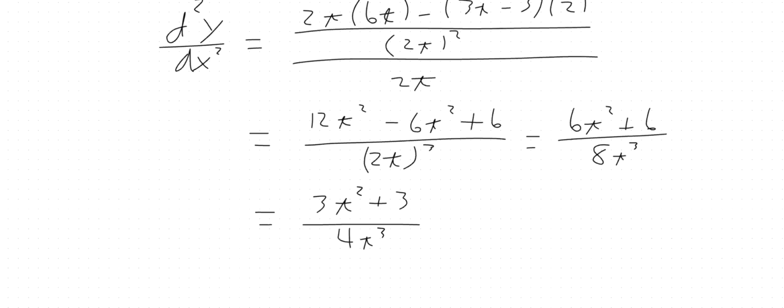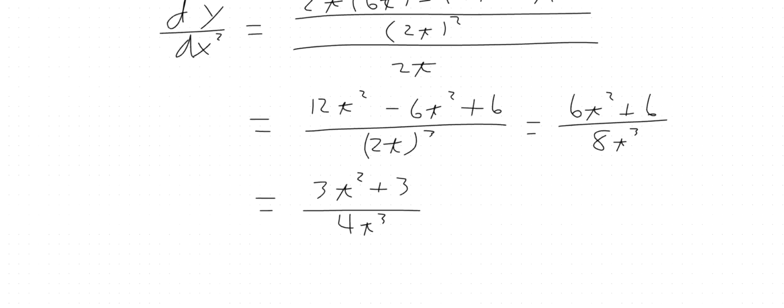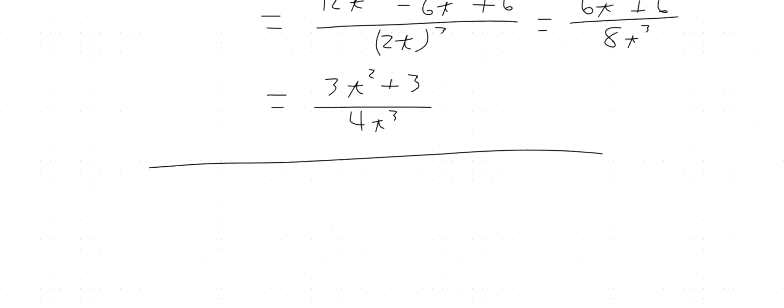All right. So we can use our first derivative, just like we would with other derivatives, to find where we have a vertical tangent and where we have a horizontal tangent.